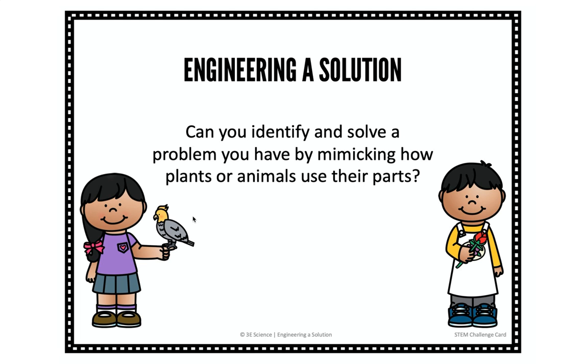What are some ways that we can copy plants or animals to design a solution? I want you to think about that in your head. Maybe you'll come up with something like a bicycle helmet, right? That's kind of like a turtle shell that can cover your head and protect you, just like a turtle shell covers the turtle and protects the turtle.